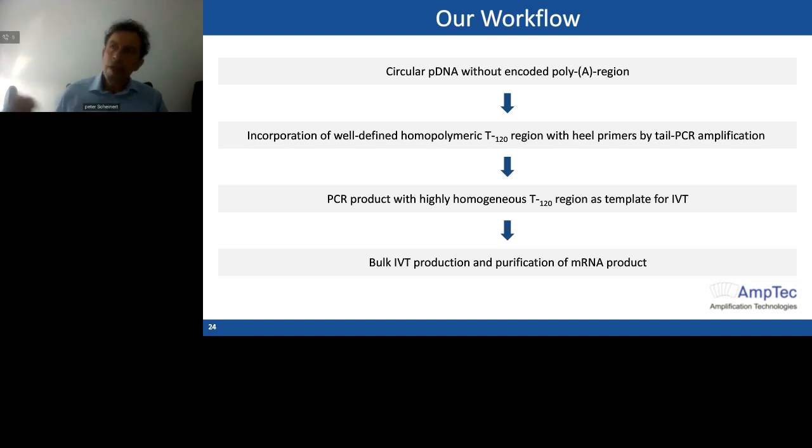This is certainly one of our key advantages, that we have a really highly homogeneous template for mRNA preparation with a well-defined poly-A tail length and a well-defined T length in the DNA template. And then we have the bulk IVT, of course, and purification of the mRNA product.